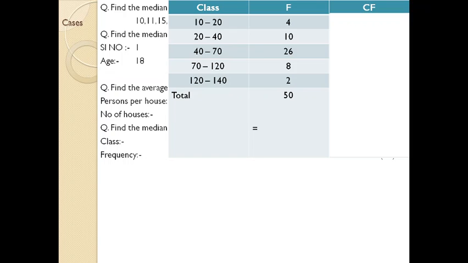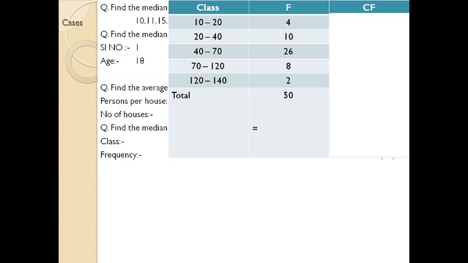Once you have prepared the table on the basis of details given in the question, next you have to prepare CF. We all know what is meant by CF. Previously we discussed that part. The computation and pattern of preparing CF is almost similar to the method which we have dealt with previously in the case of a discrete series.